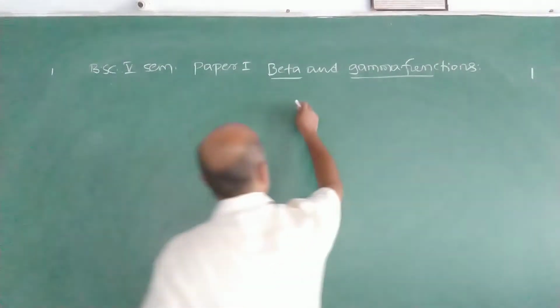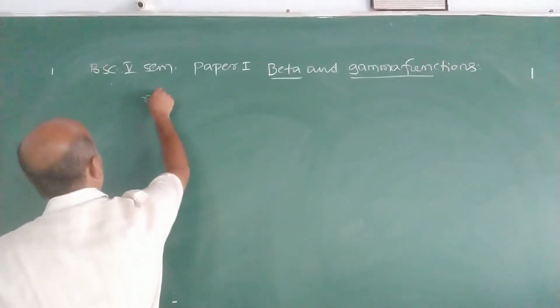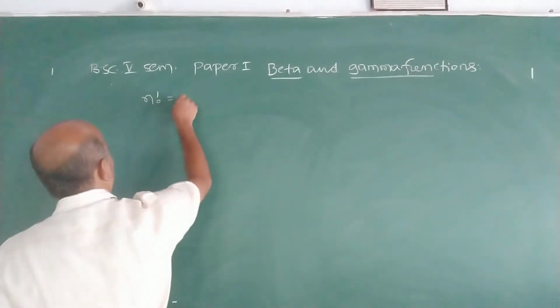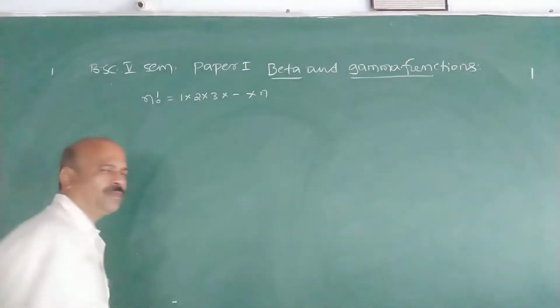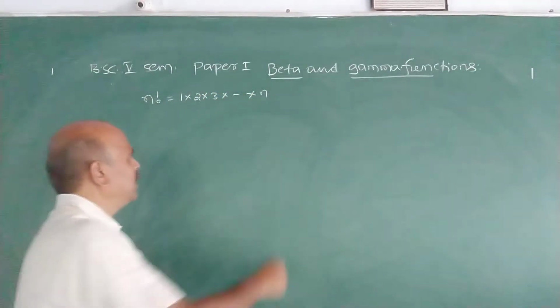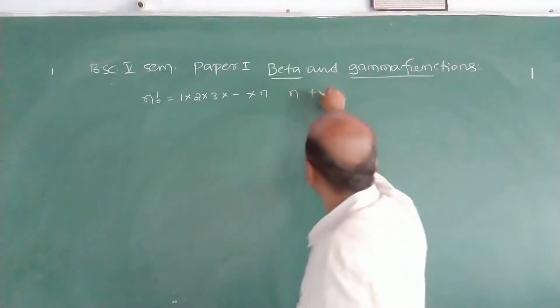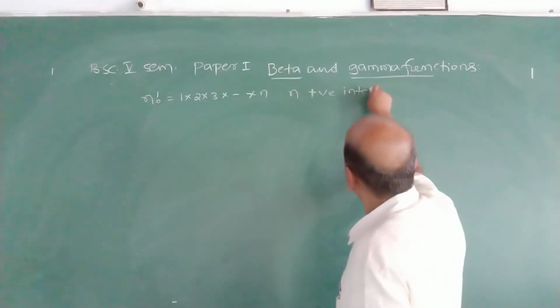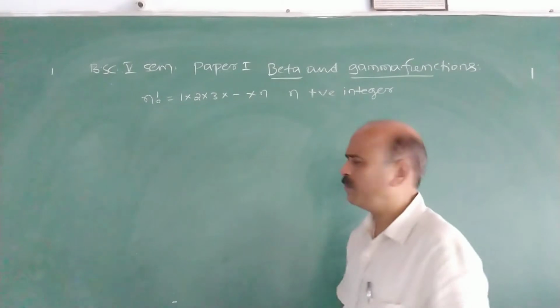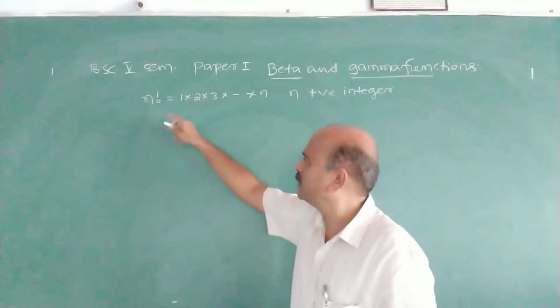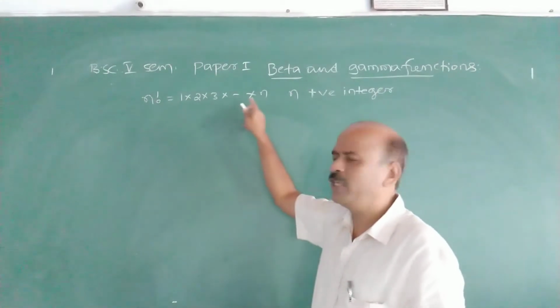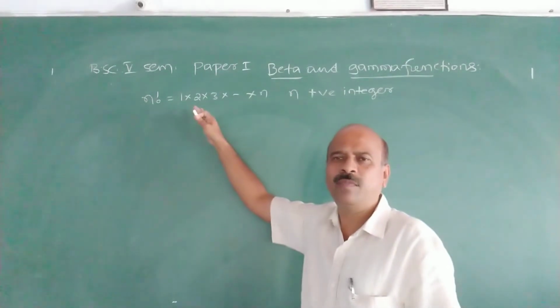Now, you know what n factorial is. It is 1, 2, 3, etc. up to n, but the condition is that n is a positive integer. If n is a positive integer, n factorial is defined as 1 into 2 into 3 into n, the product of the first n natural numbers.